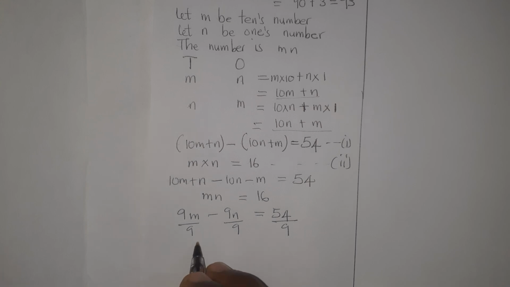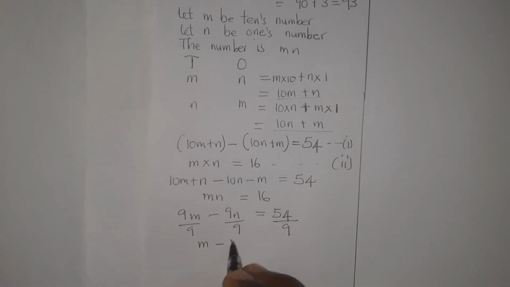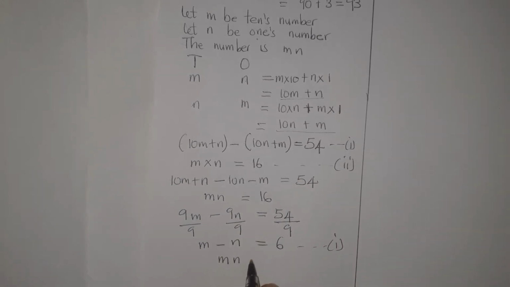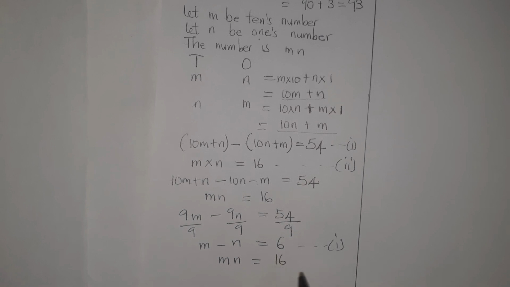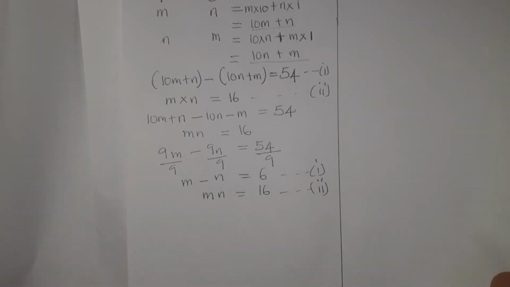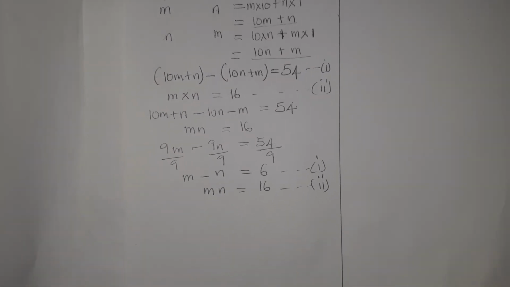Now it's m minus n is equal to 6, since 54 divided by 9 is 6. This is the first equation. The second equation, don't forget, is mn equals 16. This is equation number 2. Our main aim is to find the values of m and n.